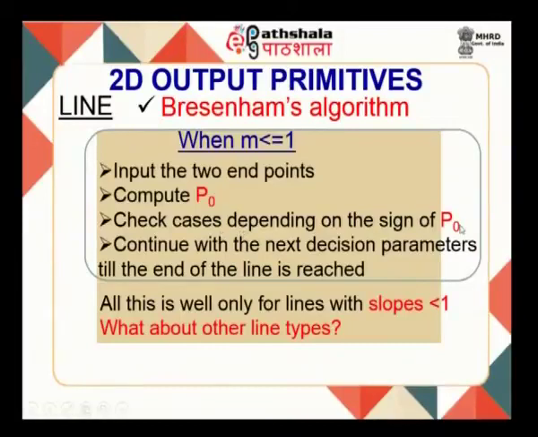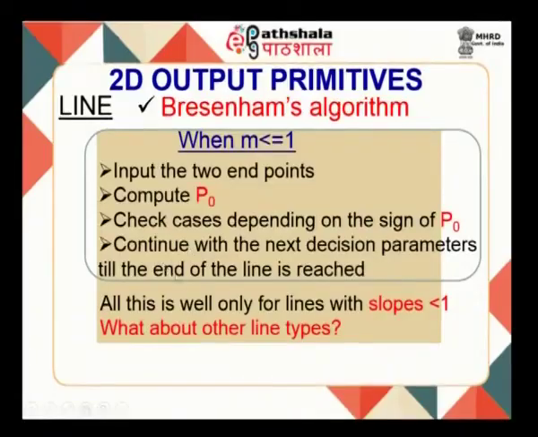Whether P naught is negative, positive or equal to 0, based on that we will choose the next y value. Continue with the next decision parameters till the end of the line is reached. It is as simple as that. We can use the equations from the previous cases, case 1 and case 2.